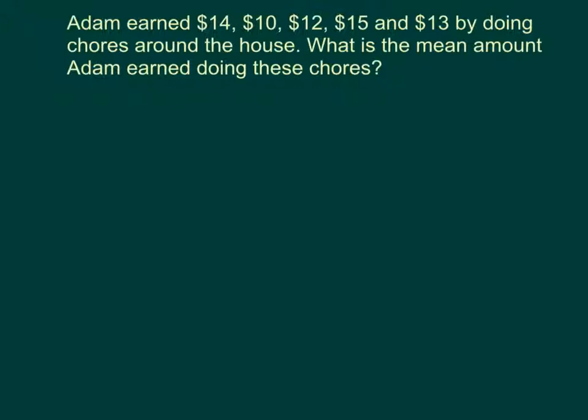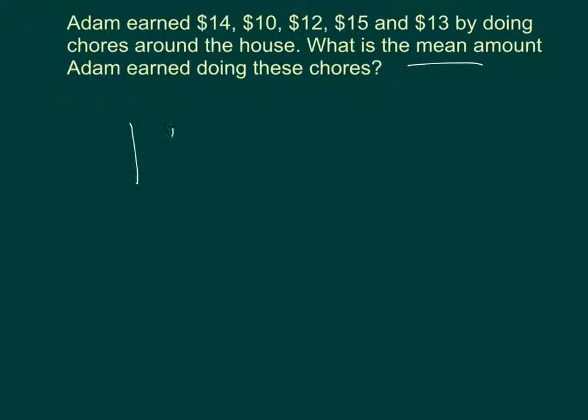It says Adam earned $14, $10, $12, $15, and $13 by doing chores around the house. What is the mean amount Adam earned doing chores? So they want to know what is the average number that he earned.